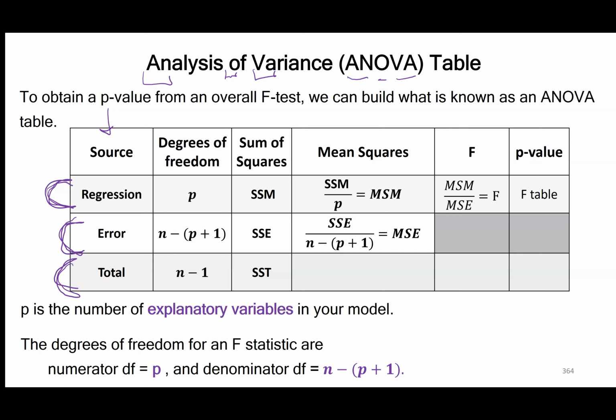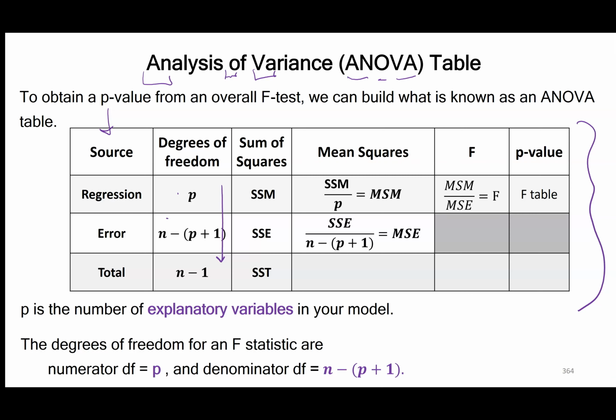So looking at this table, I definitely strongly recommend having this written out somewhere. We definitely don't expect people to just memorize this, but you should be able to kind of use this table. P is going to be the number of explanatory variables. For me, one thing that's really cool is you add down. So p plus n minus p minus 1, you get n minus 1.